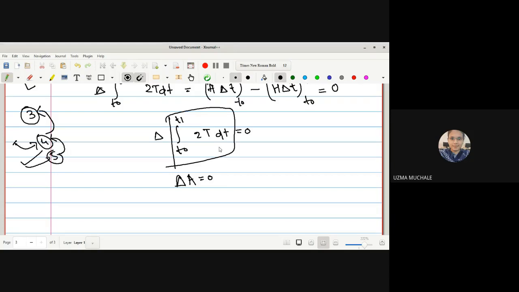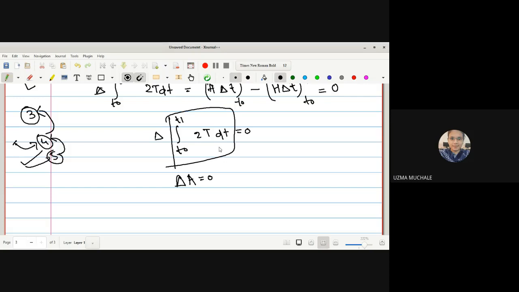Any doubt up to the third chapter from the first one? You can ask any type of doubt from first to third. Okay, but we have seen in the third chapter, starting first, Hamilton's principle.